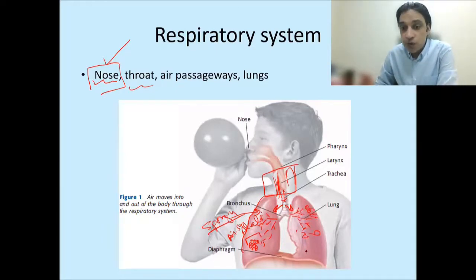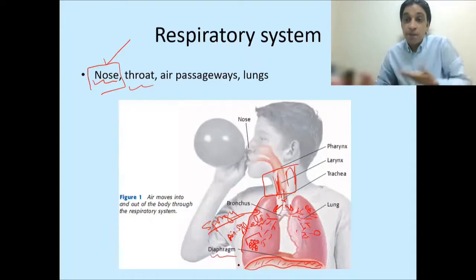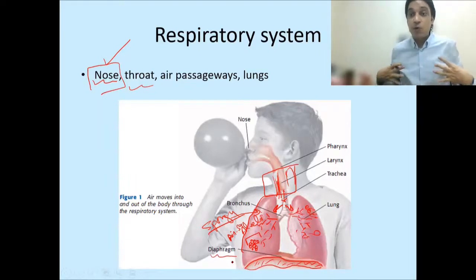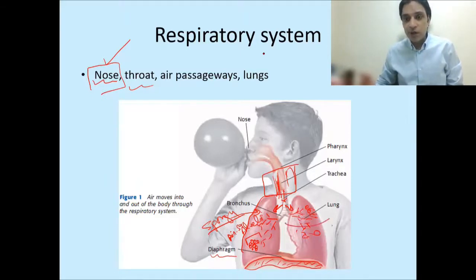The floor of the chest cavity, there is a floor present in the chest cavity. It's a very strong muscular structure, and this muscular structure is called the diaphragm. It's a very important structure present at the floor of the chest cavity. You know, the chest cavity is made up of the ribs, and there are ribs over there like this. I don't want to destroy the drawing, but there are ribs over there.